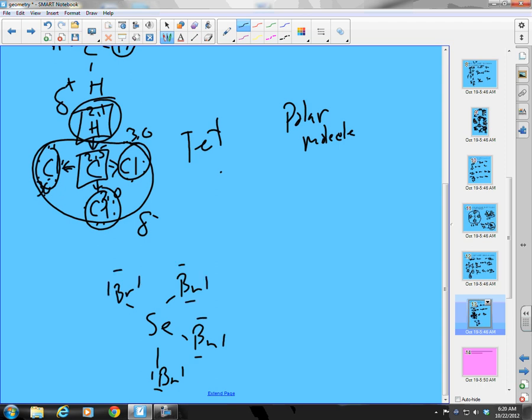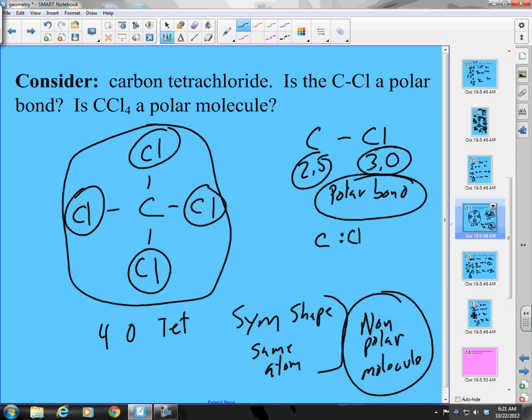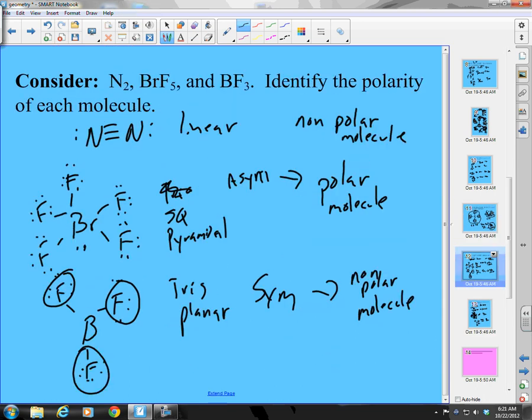And what is that? 8, 16, 24, 32. But how many do I need? I need 34. So that was seesaw. If it's a seesaw, that is asymmetric. If it's asymmetric, that means it is a polar molecule. Okay, great. That is our answer.